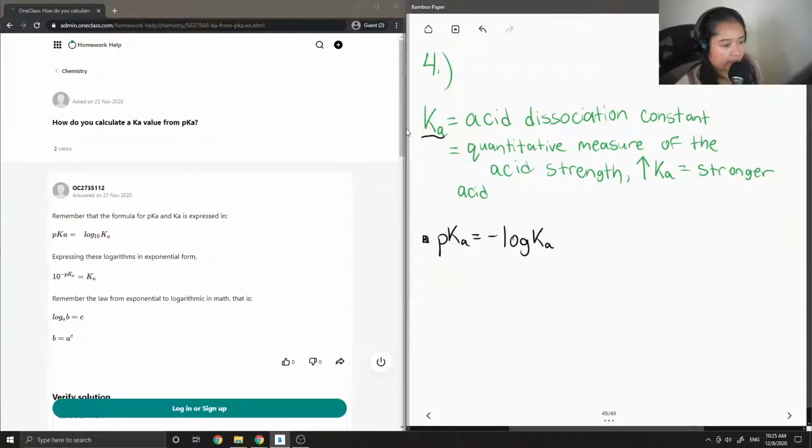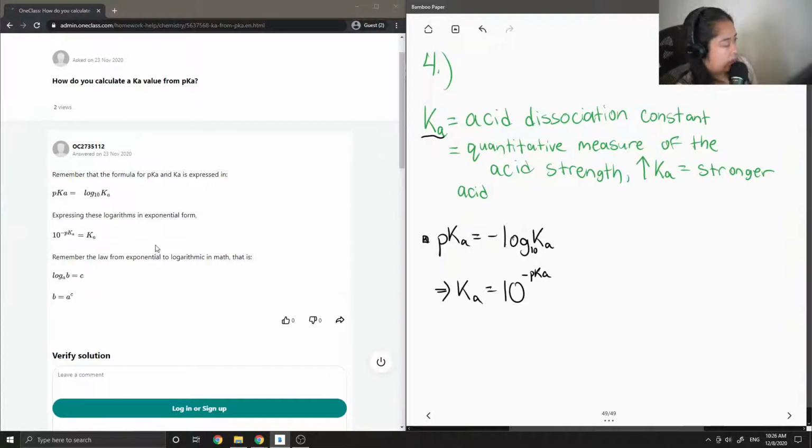So if we are given pKa and we want to solve for the Ka value, let's recall that when we have a log, it means log of base 10. So we just need to do 10 to the power of negative pKa, and this will give us our Ka value.